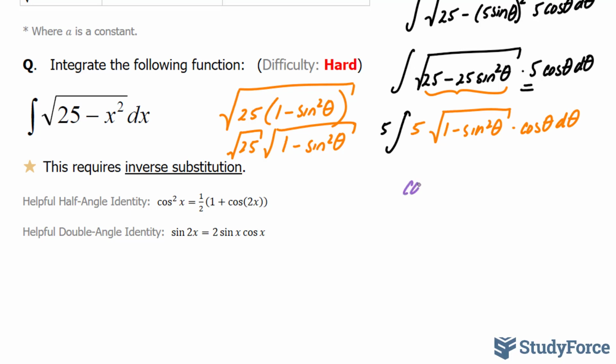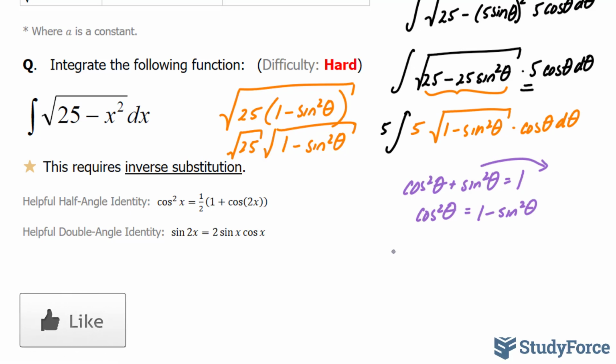Do you remember this? Cosine squared theta plus sine squared theta is equal to 1. Well, if I bring this sine over, I end up with cosine squared theta is equal to 1 minus sine squared theta. So I can replace this now with cosine squared theta and then square root it, where I end up with simply cosine.